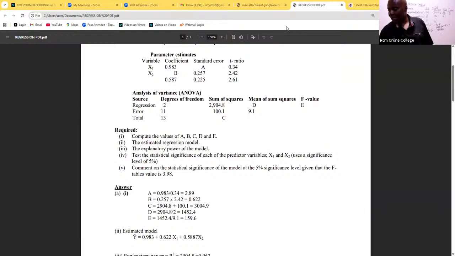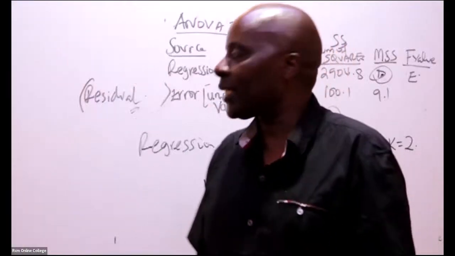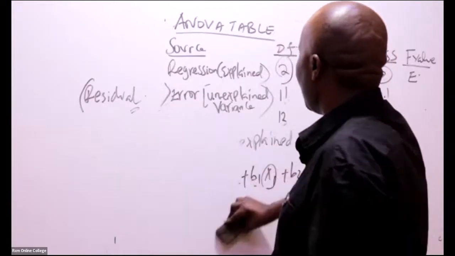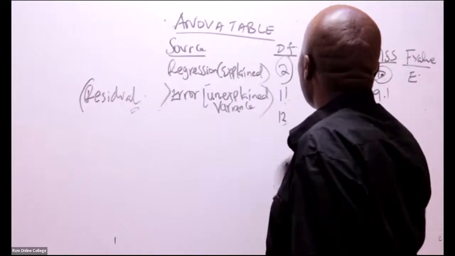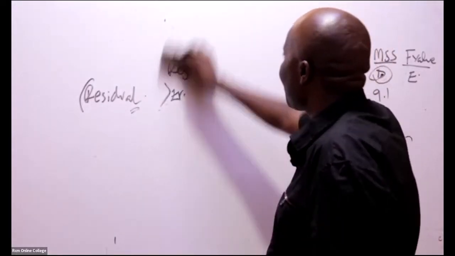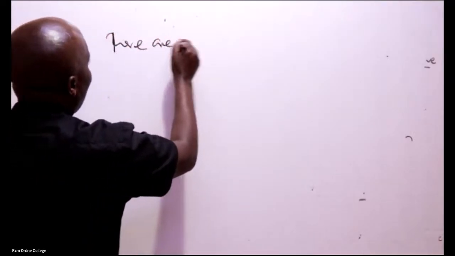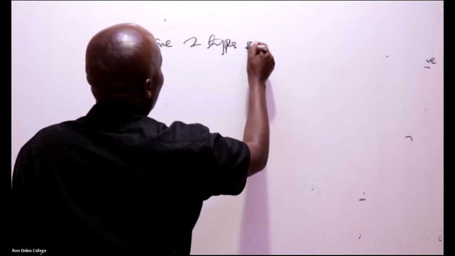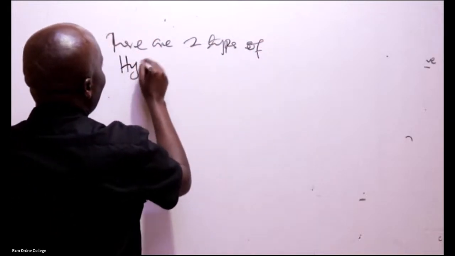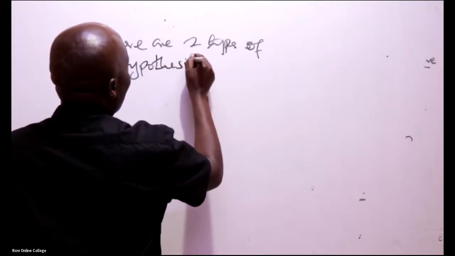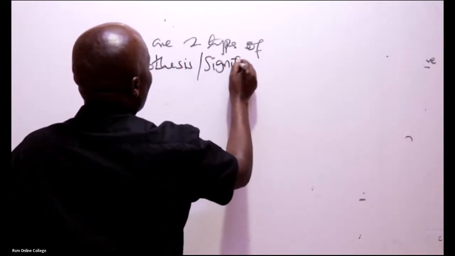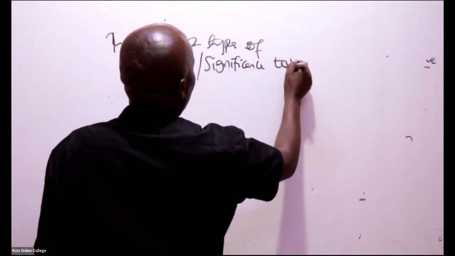In regression analysis, there are 2 types of hypothesis tests. There are how many types? 2 of them. In regression analysis, there are 2 types of hypothesis or significance tests.